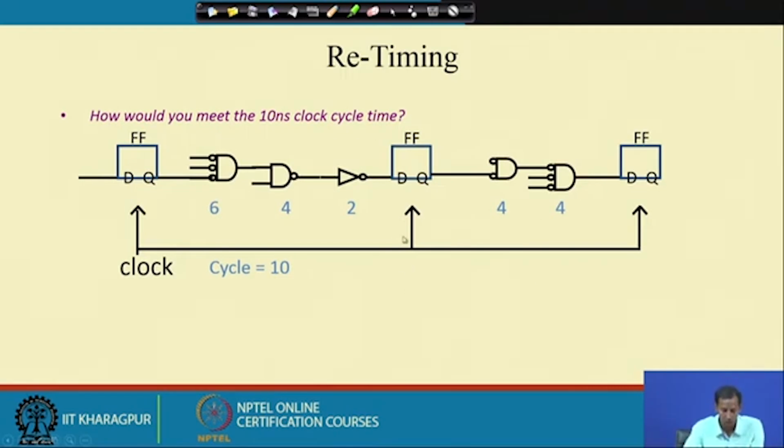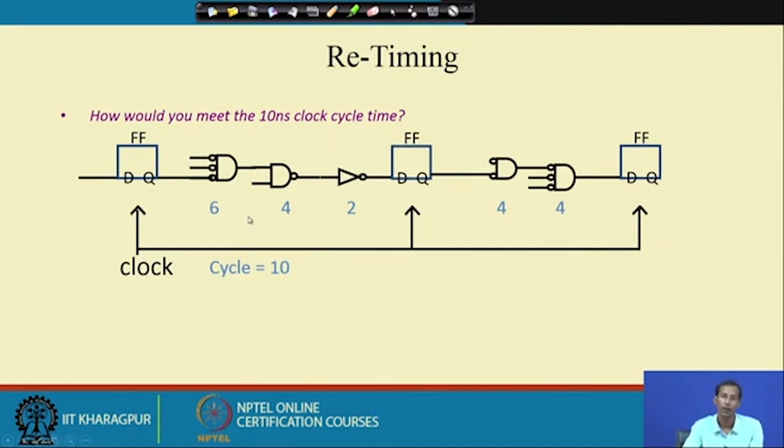So, can I set the clock cycle period as 10? If I do that, since the time requirement is 12, this circuit will fail to work.